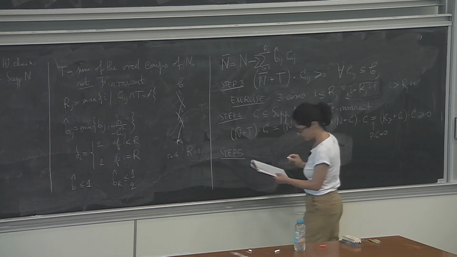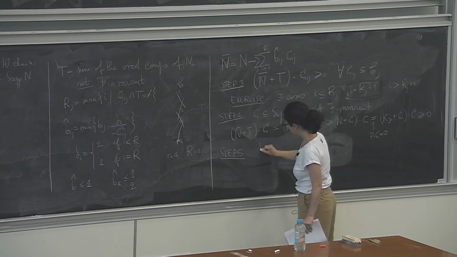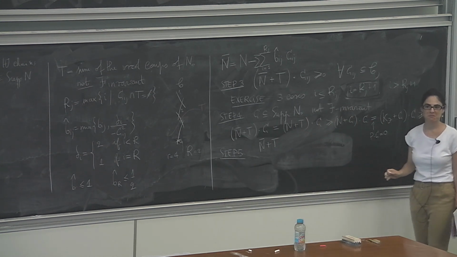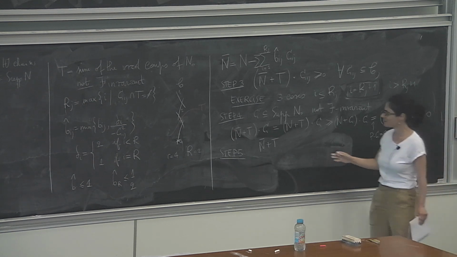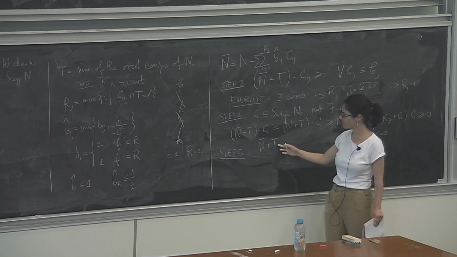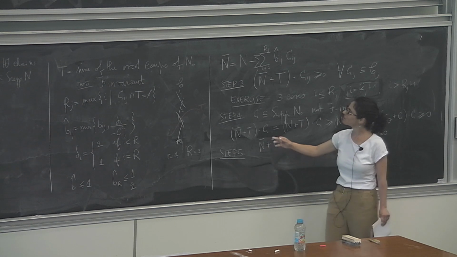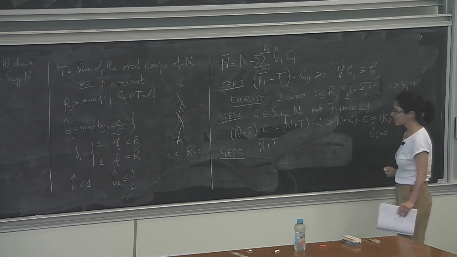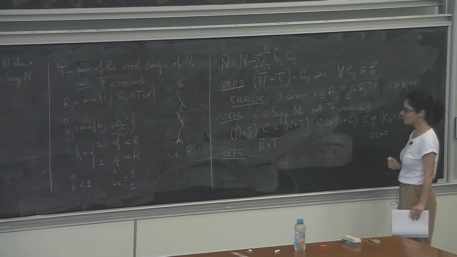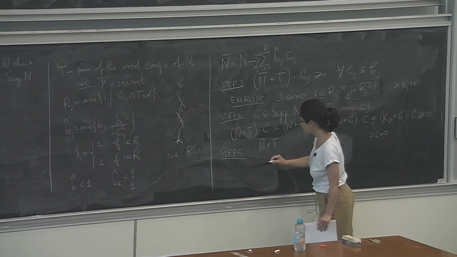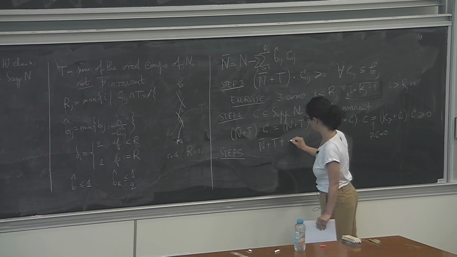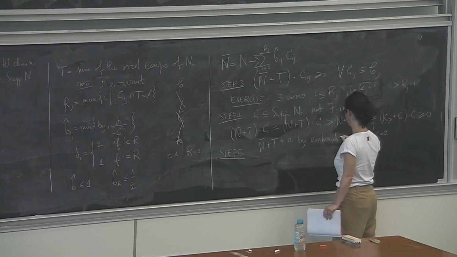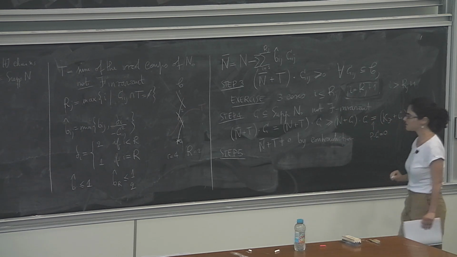Okay, so step 5. We want to prove that this guy is 0. If this is 0, then all the curves are F invariant, and N coincides with this guy. All right. So assume by contradiction that it is not 0.